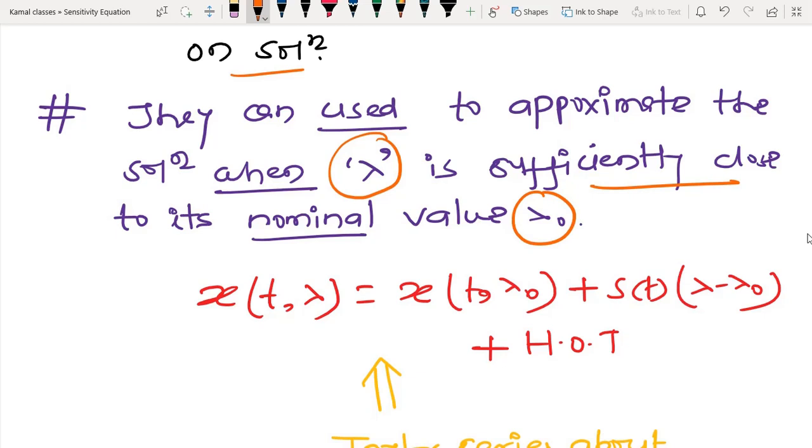If you know the nominal solution, how are we calculating it? Before analysis or design, we run some kind of program on our computer or some simulation platform.